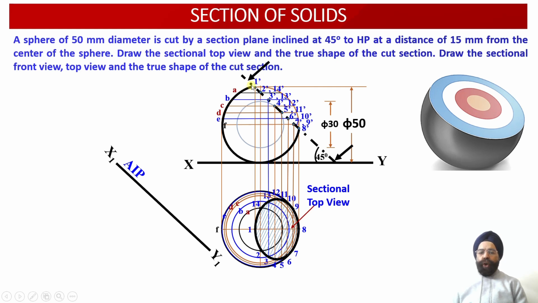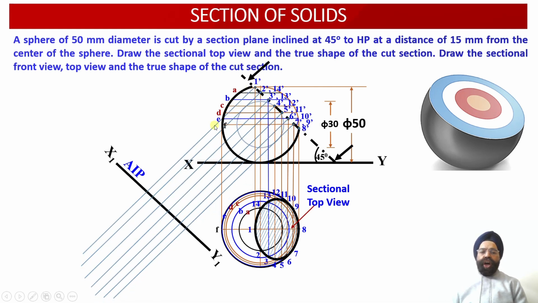So now from all these 14 points of the cut section, we have drawn perpendicular projectors onto this AIP x1 y1, and now the auxiliary plan projections which we are going to obtain onto this AIP x1 y1 will provide us with the true shape of the cut section corresponding to this sectioned sphere over here. So let us obtain all of these 14 points into the auxiliary plan projection view over here.